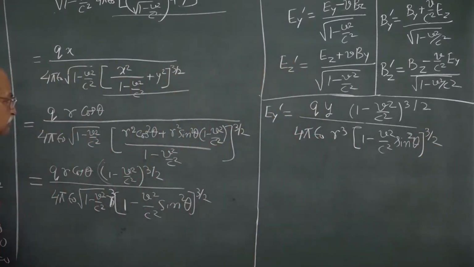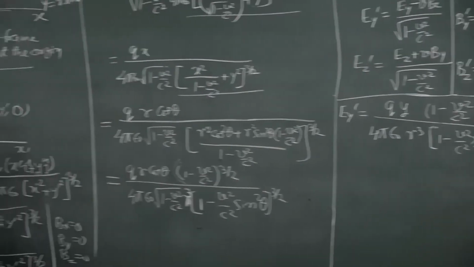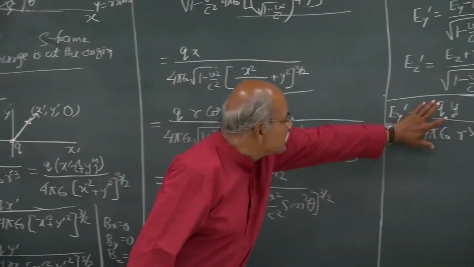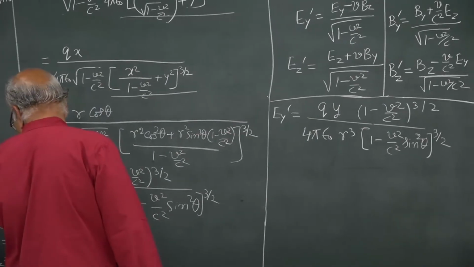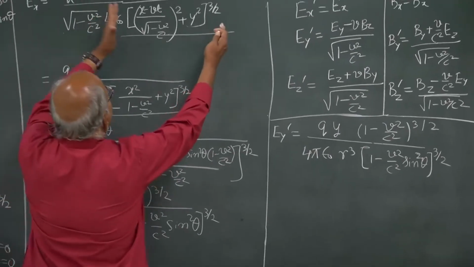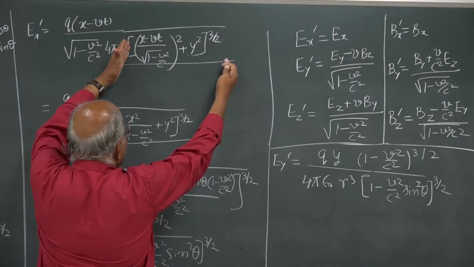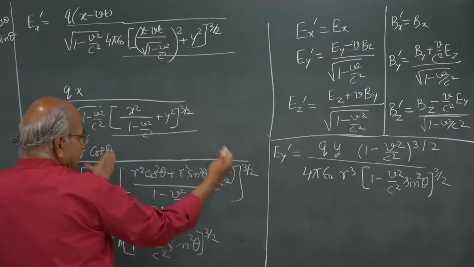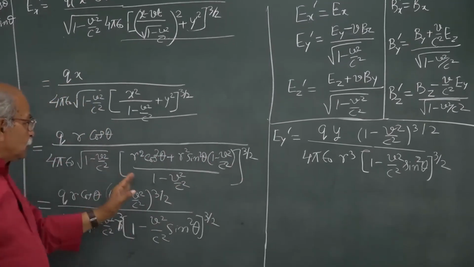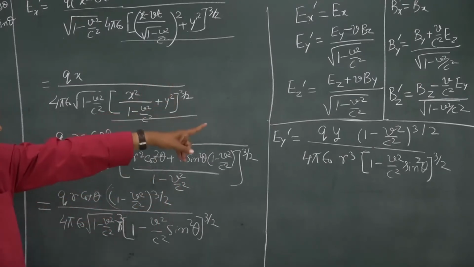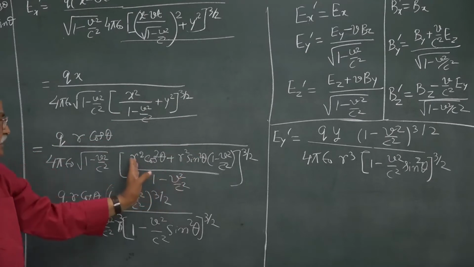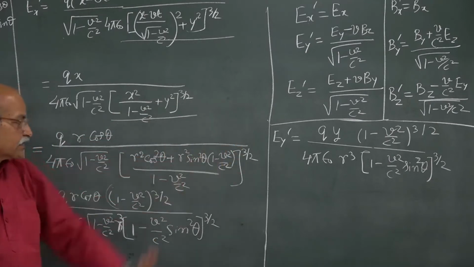Okay, so check q into y by 4 pi epsilon naught, this part is here. The rest is only this denominator, and this denominator is same as this denominator. So, 1 minus v square by c square goes up with power 3 by 2, right, and then it is left with this, and that is here.